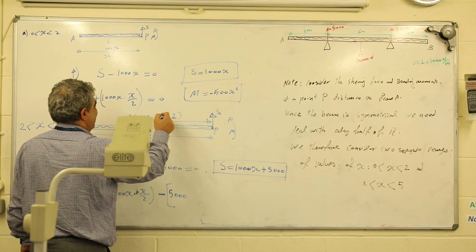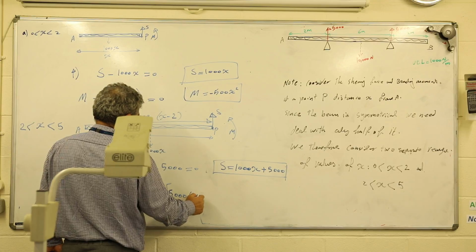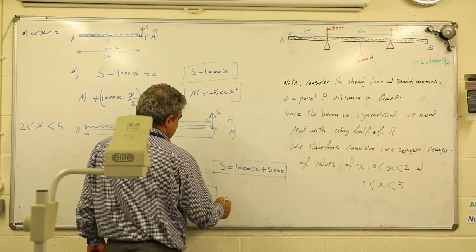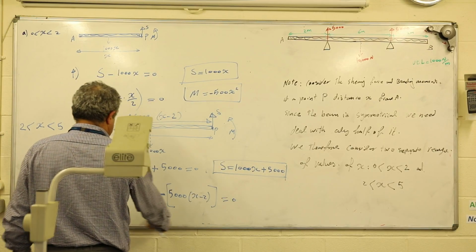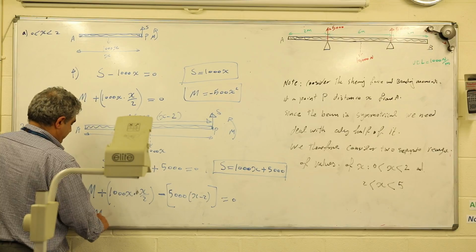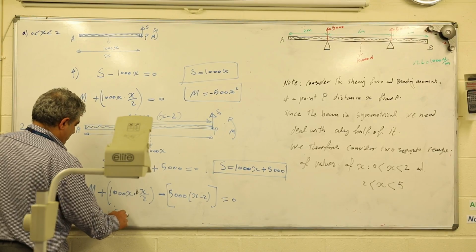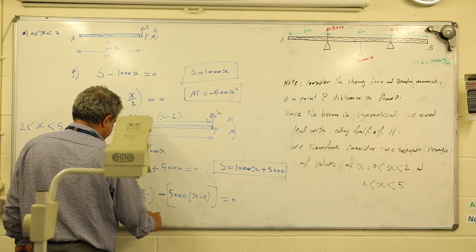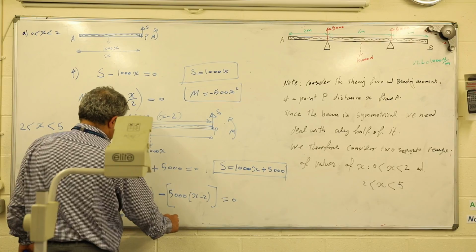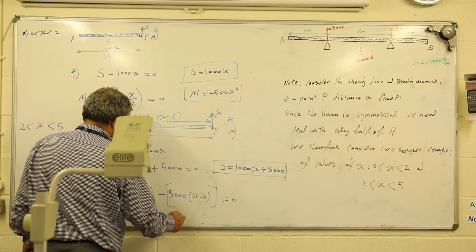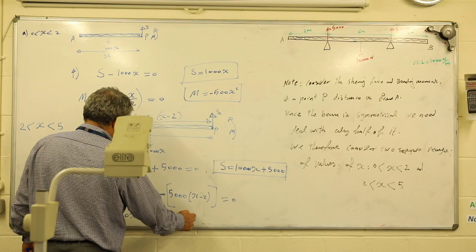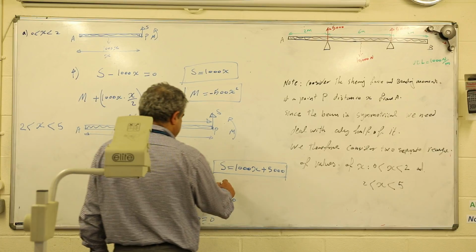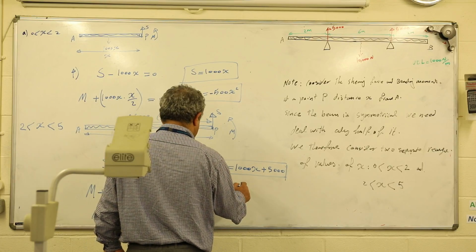And is there anything else there? No. Can you make this more representable? So minus 500x squared, and then minus 5,000x minus something. Am I right? And what does it look like? M equals minus.